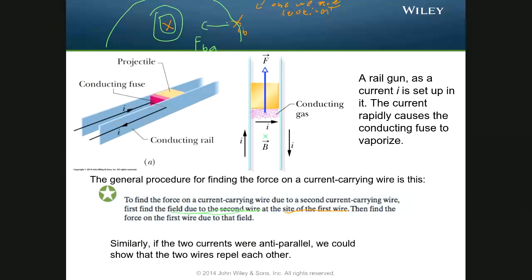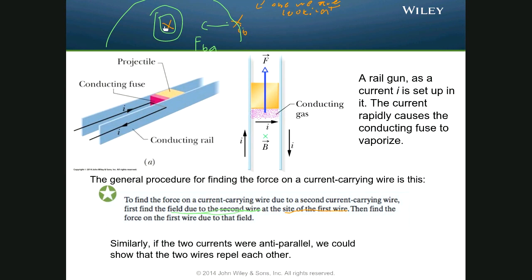So to find the force on a current carrying wire due to a second current carrying wire, the first thing you need to do is recognize that these two X's are wires going into the board, or into the screen. So the force on this current carrying wire from the other current carrying wire, due to a second current carrying wire.